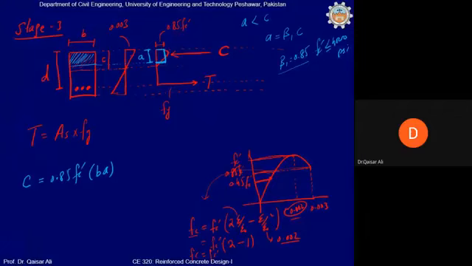Clear? Now you see the calculations become very simple and you can very easily calculate the centroid of the rectangular stress block on which this force will be resisted. Where will this resist? A divided by 2. Simple, right? So this distance will be equal to A by 2.